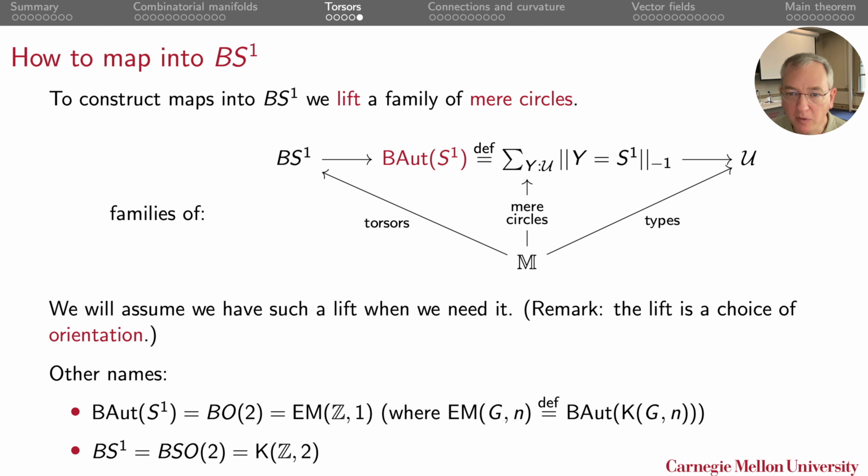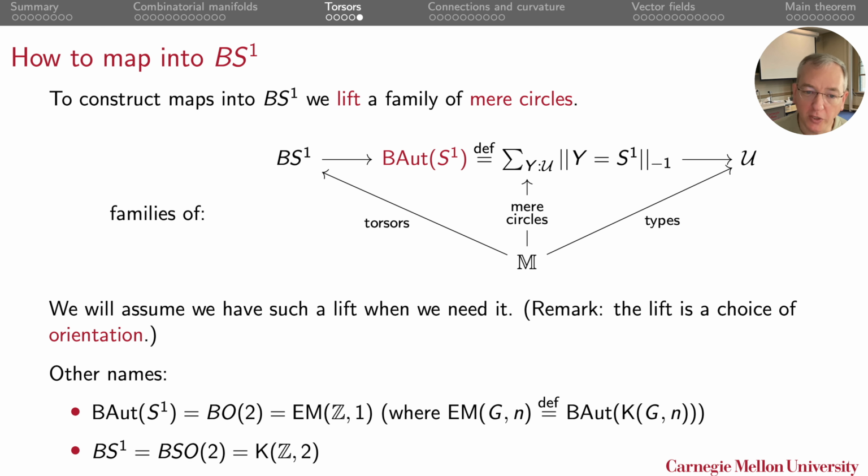So some other names for some of these objects that may or may not help you understand what's going on here. B_S1, which is the automorphism to the circle, can also be thought of as BO2, where O2 is transformations of the plane, like rotations and the flip. So just like B_S1 includes some kind of rotations of S1, but also the flip that reverses the direction.